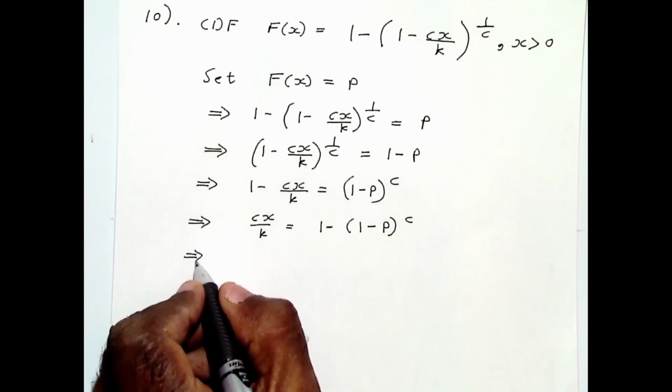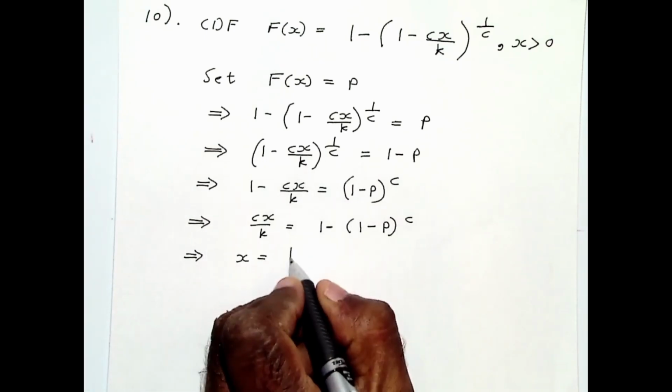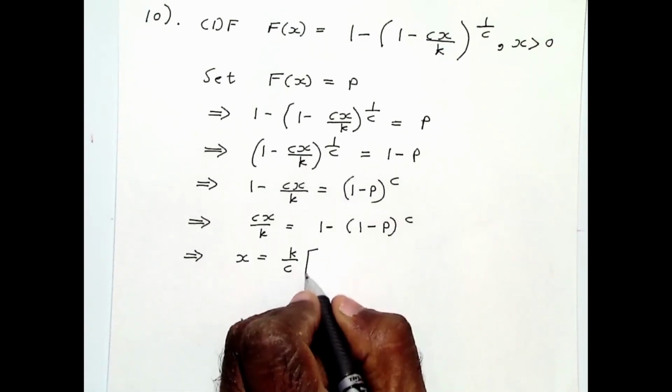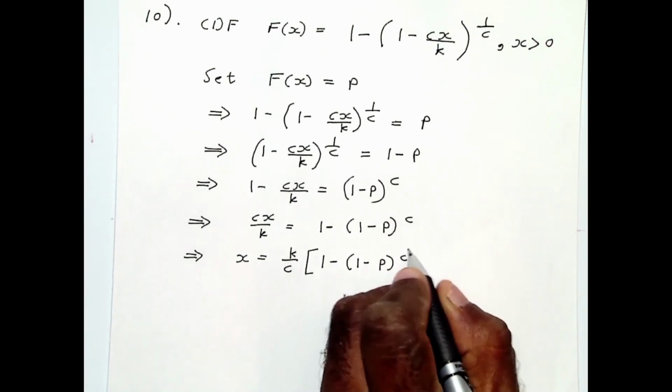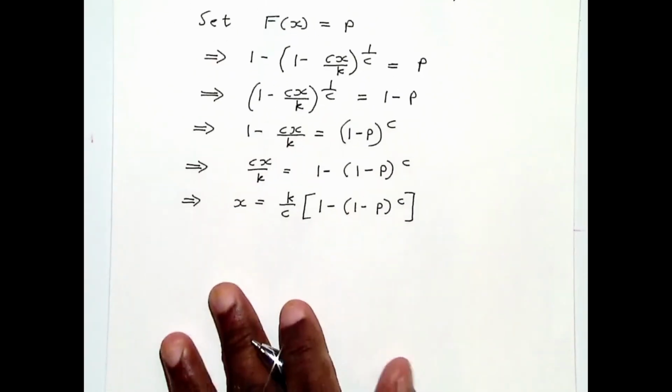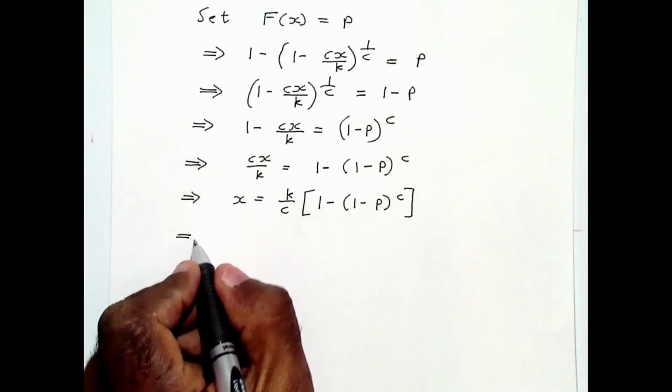So x is equal to k by c times this. Okay, so this is the expression for VaR.